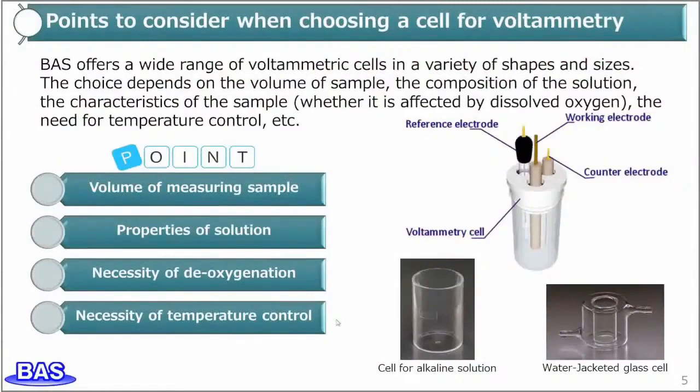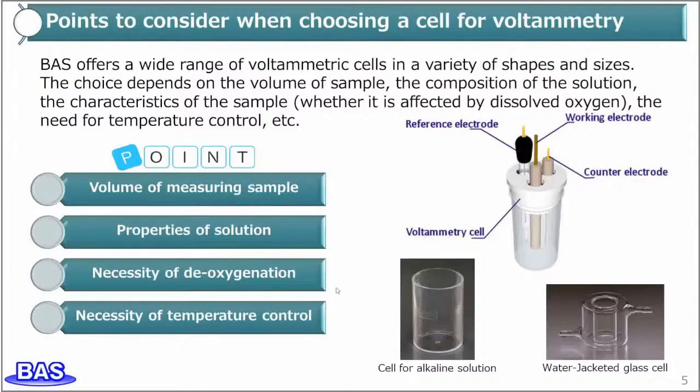BAS offers various shapes of voltammetric cell. Select according to the sample volume, composition, and characteristics, and the need for temperature control. How much measuring solution can be prepared? Is it a large sample volume, such as 100 milliliters, or a few milliliters?